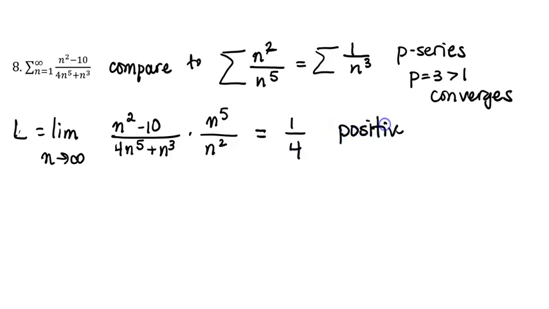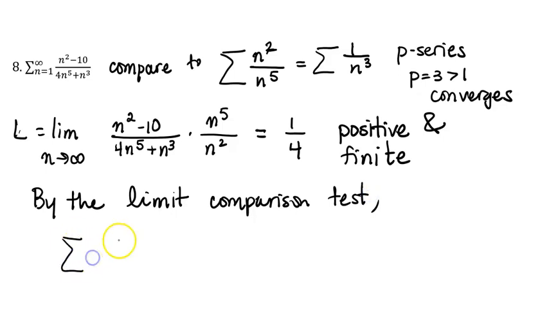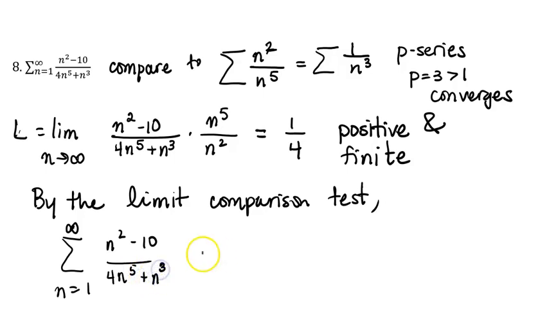We do get a value that is positive and finite. And so I can conclude that by the limit comparison test, the series sum from n equals 1 to infinity of n squared minus 10 divided by 4n to the fifth plus n cubed also converges.